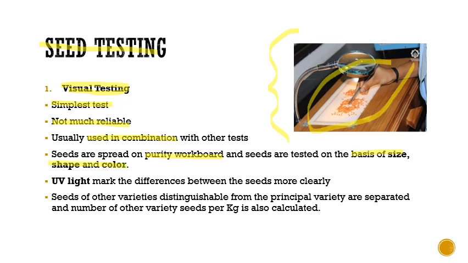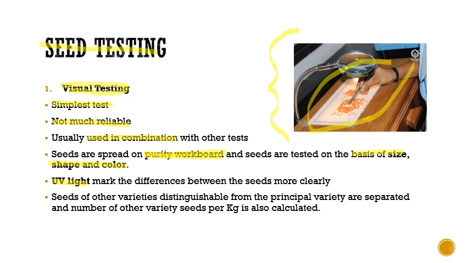For a better visual analysis of these seeds, we can also integrate a UV light into this purity workboard. It increases the cost and is a bit more difficult as we are involving UV light, but it marks the difference between the seeds more clearly.